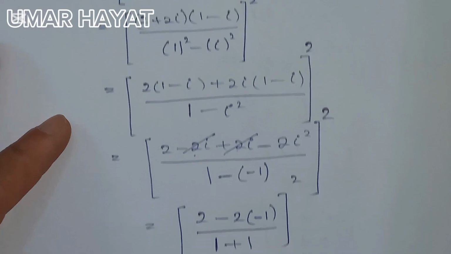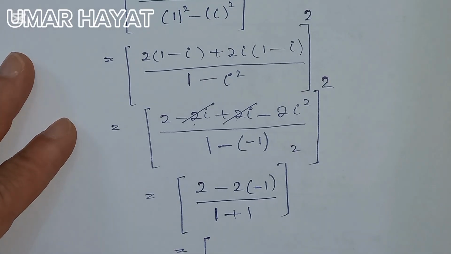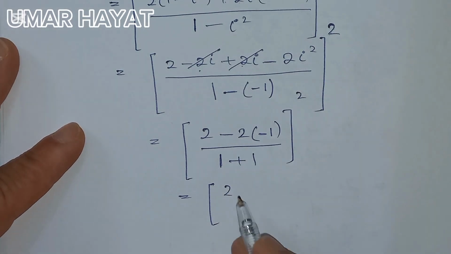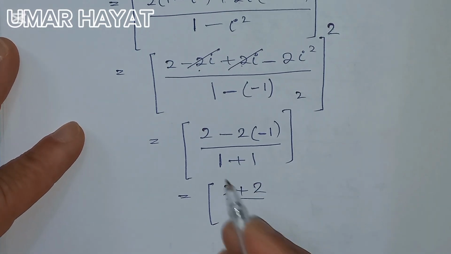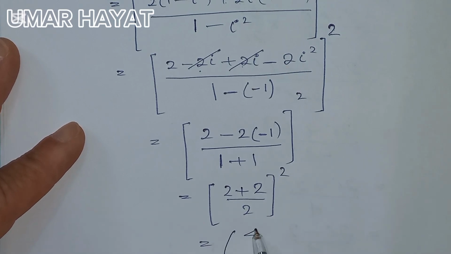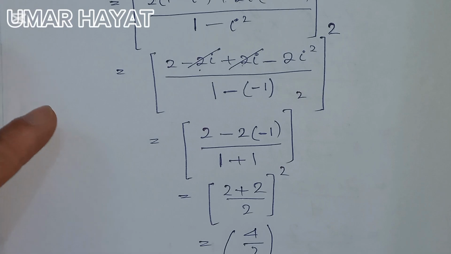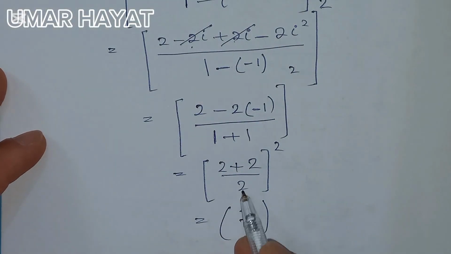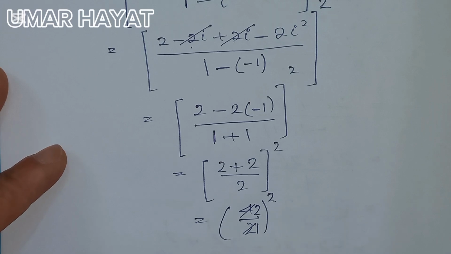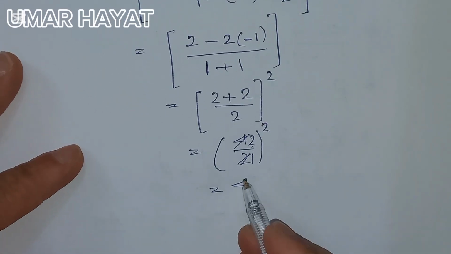So the next step is 2 minus into minus plus, 2 ones are 2, divided by 1 plus 1 is 2, and whole square. So it is 4 by 2, 2 plus 2 is 4, and 4 by 2 and this whole square, 2 twos are 4, and then take the square of 2, 2 square is equal to 4 and 1 square is 1, so this is the answer, 4.